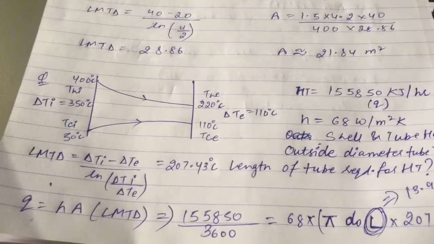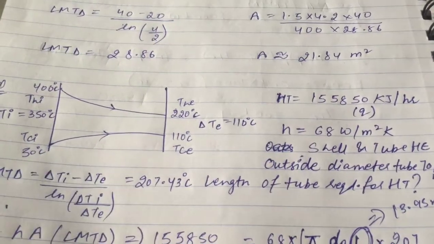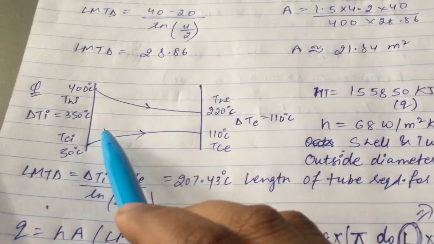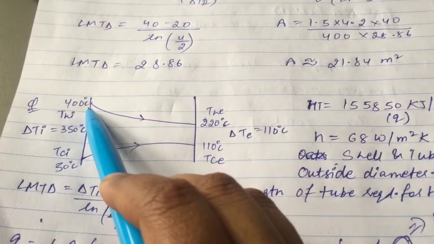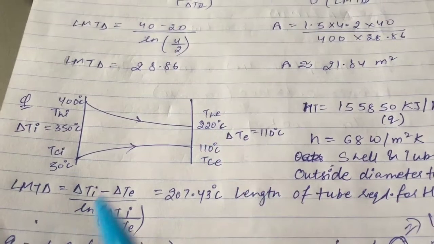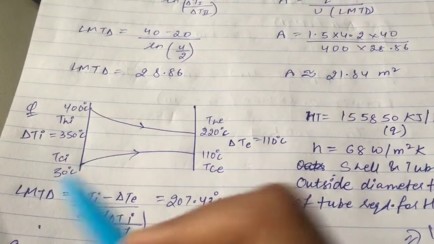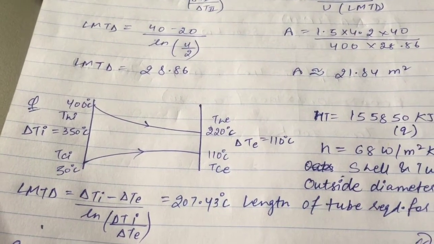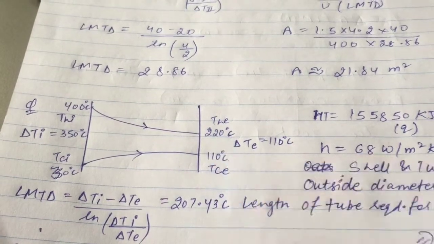Next we have parallel flow. What is given to us? This is a parallel flow. The hot fluid is entering at T_hi of 400 degrees Celsius and leaving at 220 degrees Celsius, and cold fluid is entering at 30 degrees Celsius and leaving at 110 degrees Celsius.